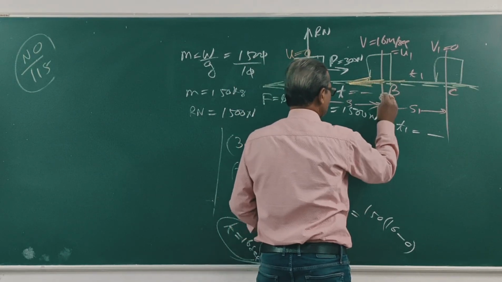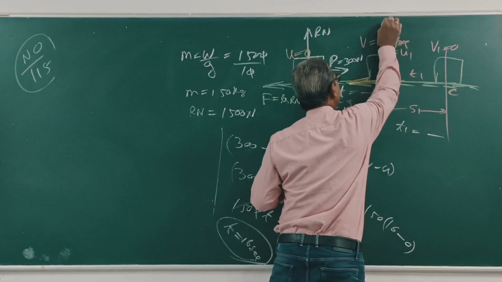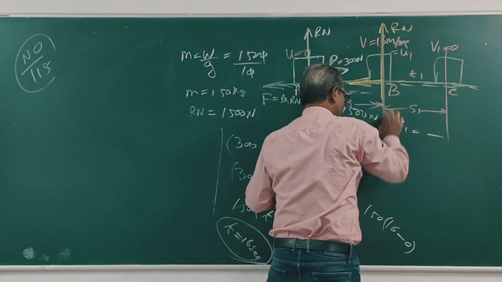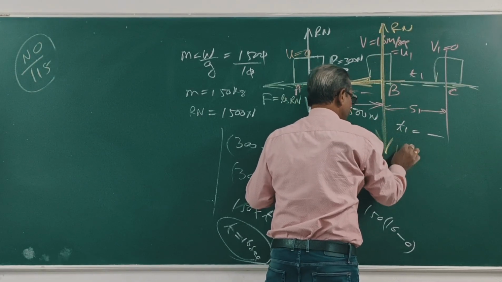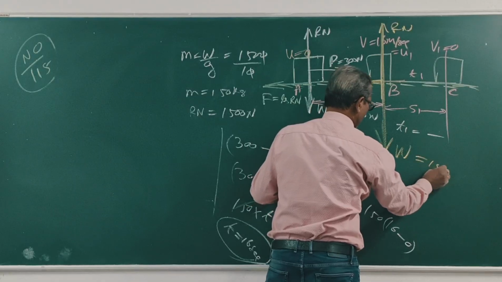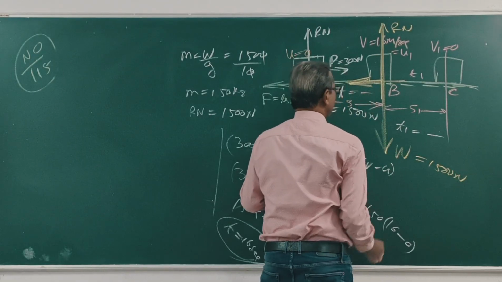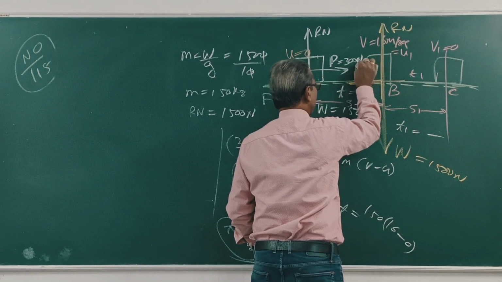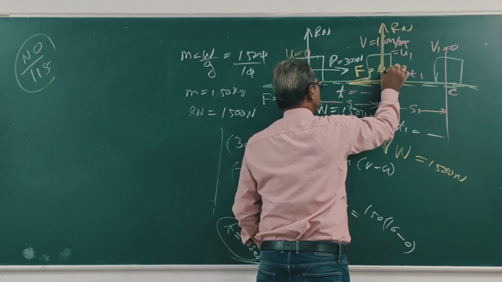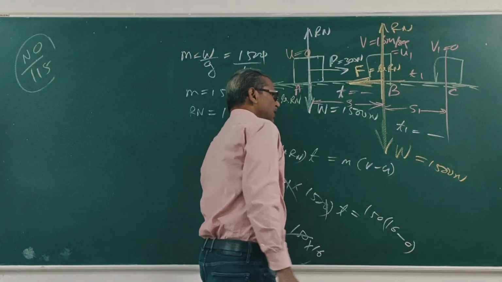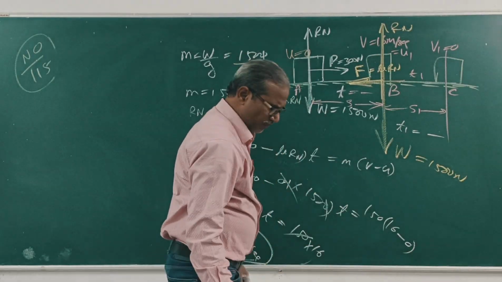Mu Rn. This Rn is W, 1500 Newton. Clear? F is mu Rn. What is F equal to? Mu Rn. Again draw the figure from B to C.